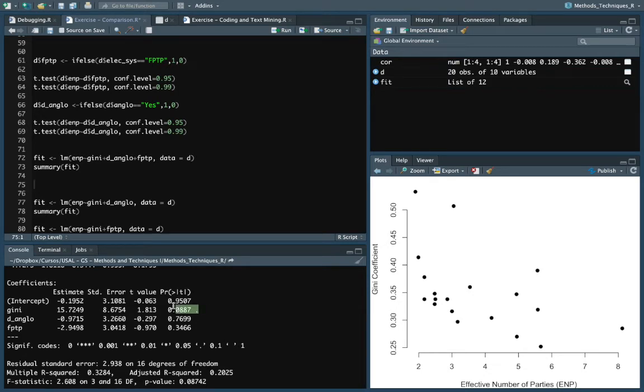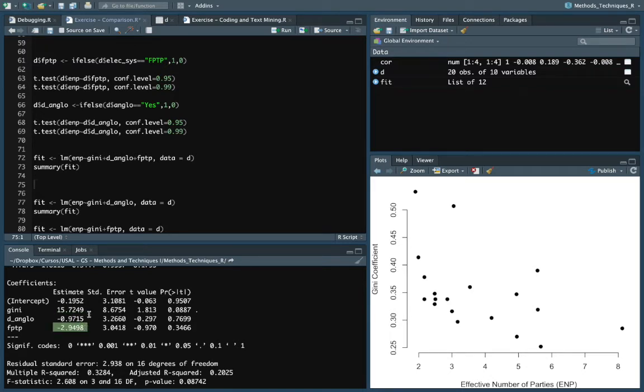So the idea is that, as expected, the higher the ENP, the lower. If you have an Anglo-Saxon country, it decreases the number of parties, as well as first past the post. This is correct.